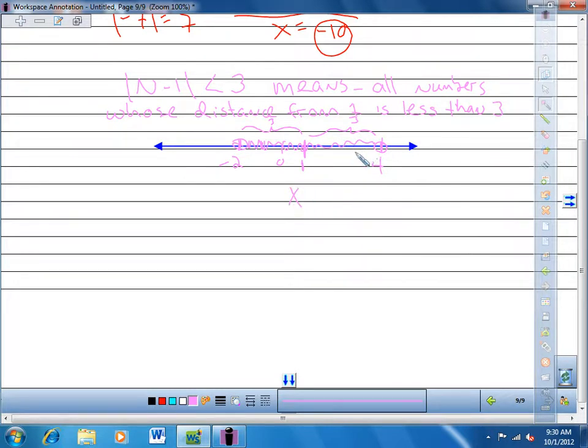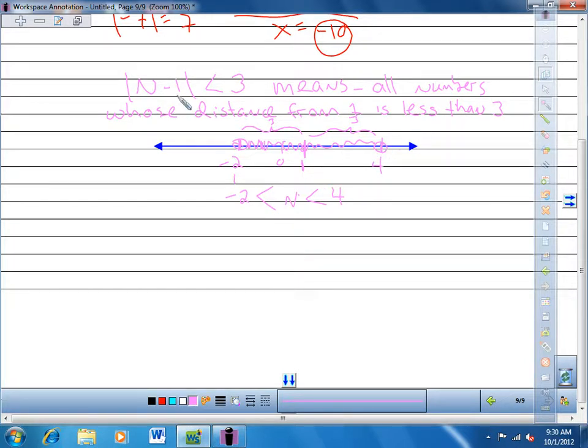Some of you guys had trouble with this on a quiz. n is less than 4 and greater than negative 2. That's how I write that. Oops, I should say n, not x. Sorry. Now, that's kind of confusing, I know, but I wanted to show you graphically what it means before I solve it.